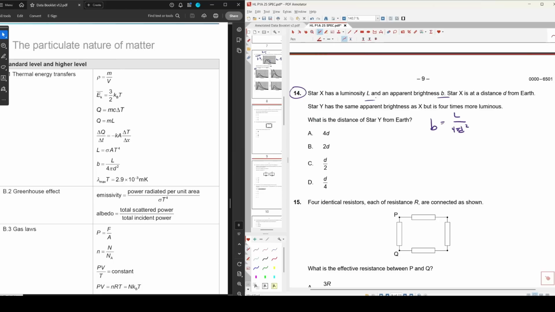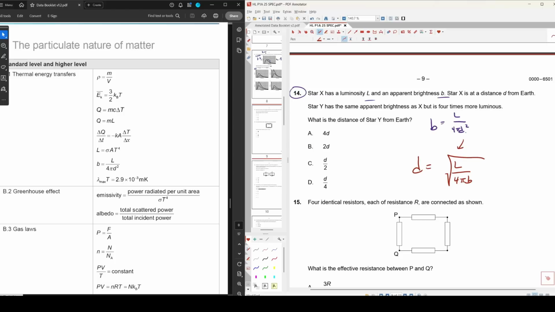Star X, luminosity L, apparent brightness B, distance D from Earth. Star Y is the same brightness, 4 times more luminous. What's the distance? Okay, I just want to solve this for D. D equals the square root of L over 4 pi B, right?